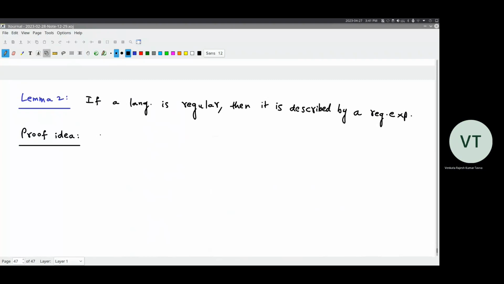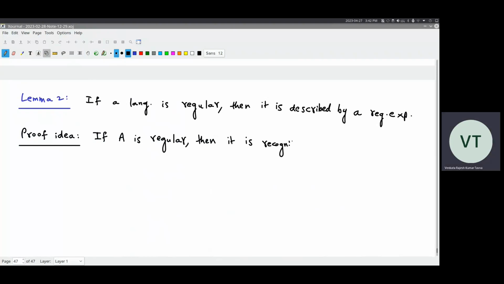So if A is regular, then it is recognized by a DFA or NFA.